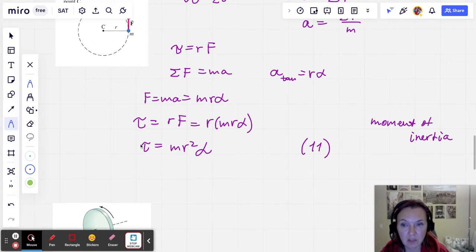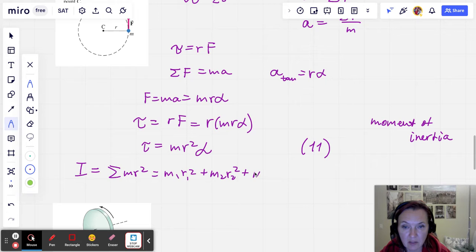So for sum of tau, sigma tau will be sigma m r squared, which means that inertia, we will label it with letter I, is going to be sum of m r squared: m1 r1 squared plus m2 r2 squared plus m3 r3 squared, and then so on. So many particles.